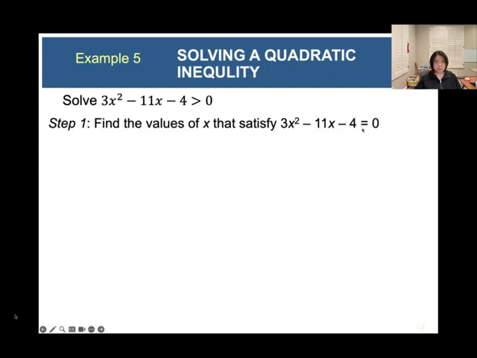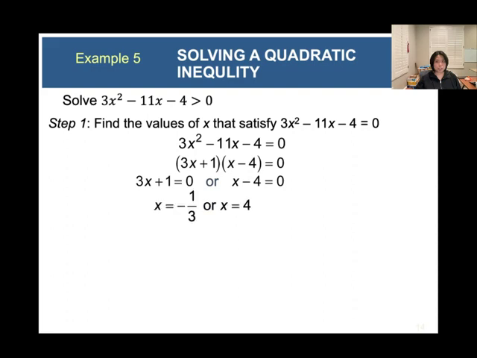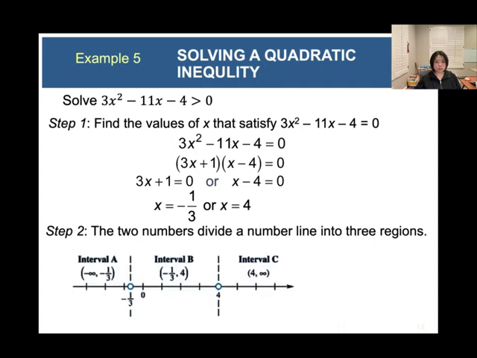First, step 1, make it equal to 0. And then use your x method, factor it out. You should get x = -1/3 or x = 4. Step 2, draw the number line and write down the intervals.